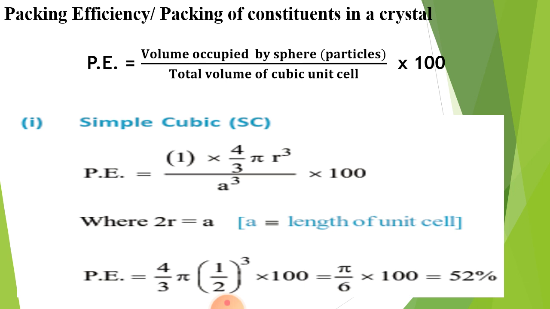Here a is the edge length, that's why the volume is a cube, and multiply by 100. Here two spheres at corner positions touch each other along the side a, that's why 2r is equal to a.